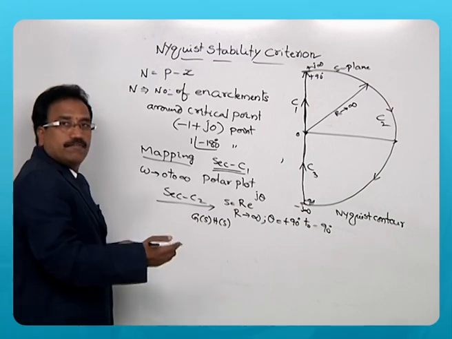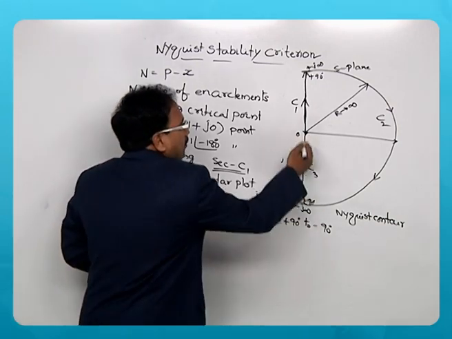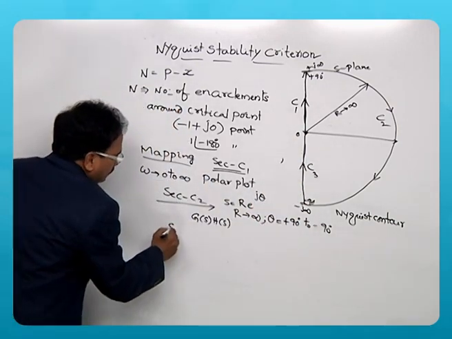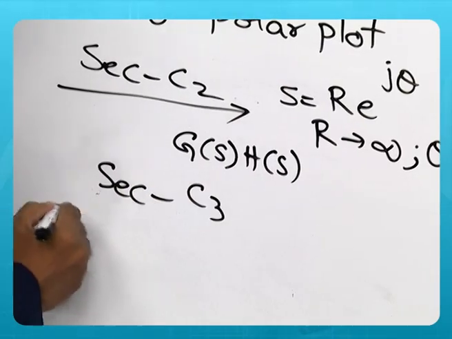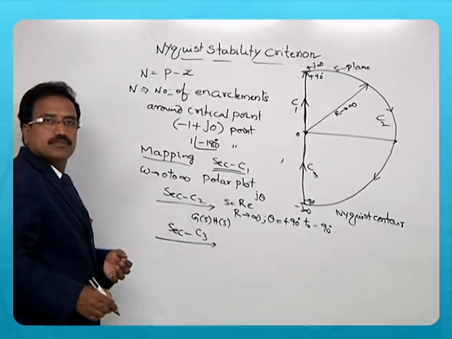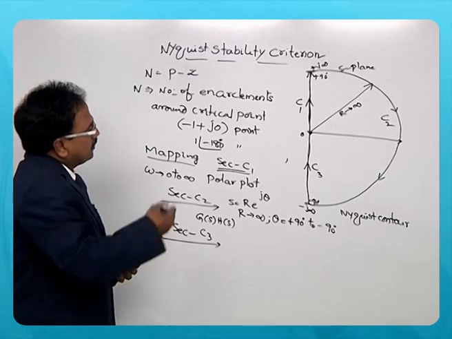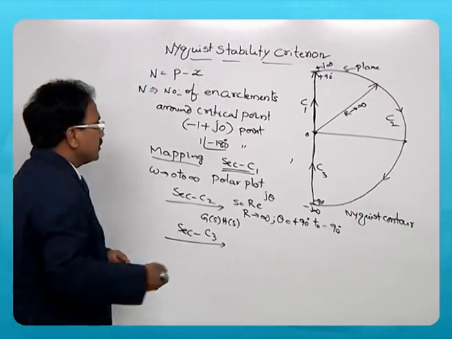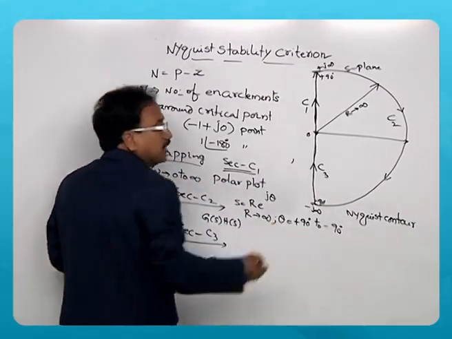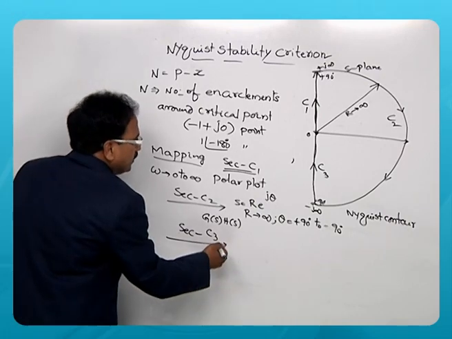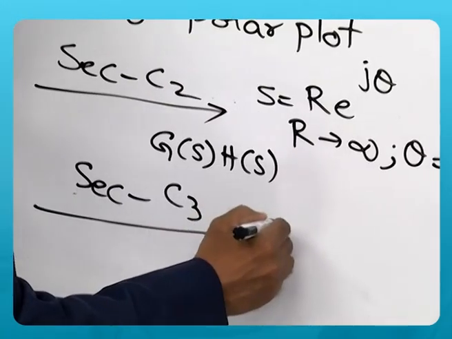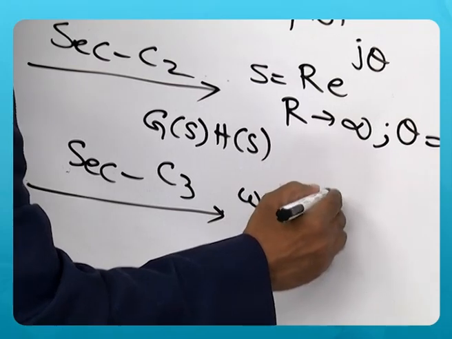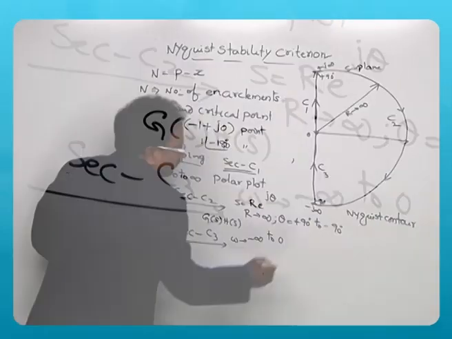Now what is left here is the mapping of section C3. When you look at the frequency axis, this is the negative imaginary axis. So section C3 is omega from minus infinity to 0.